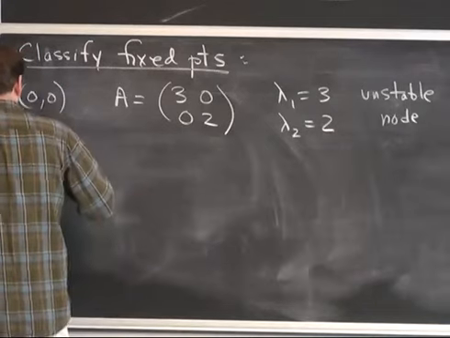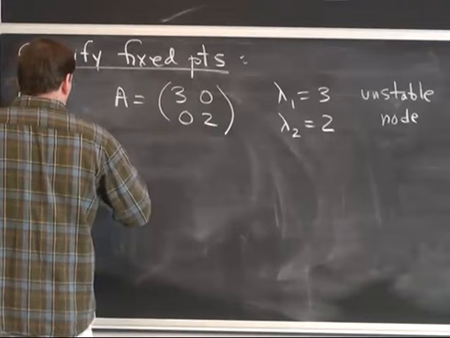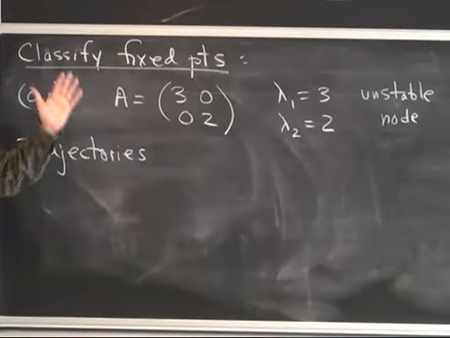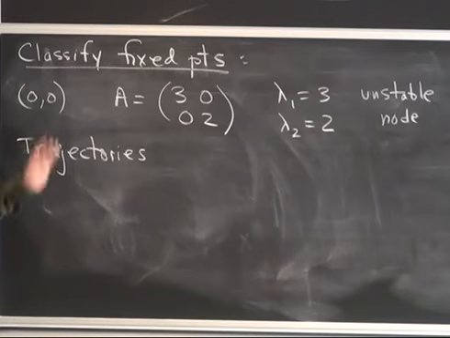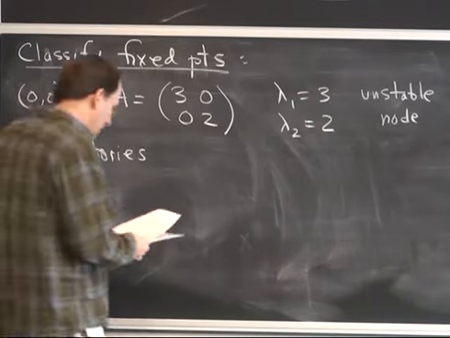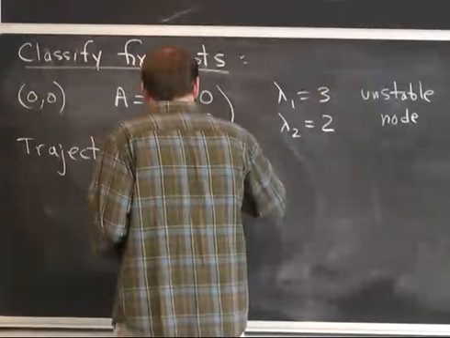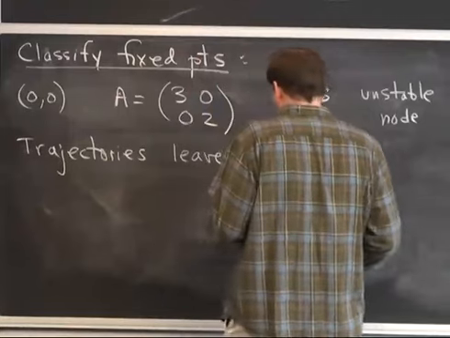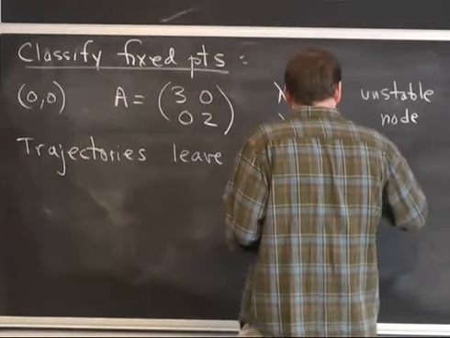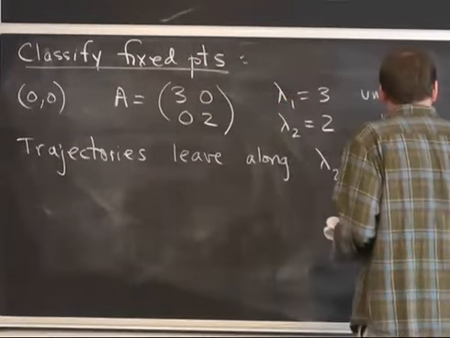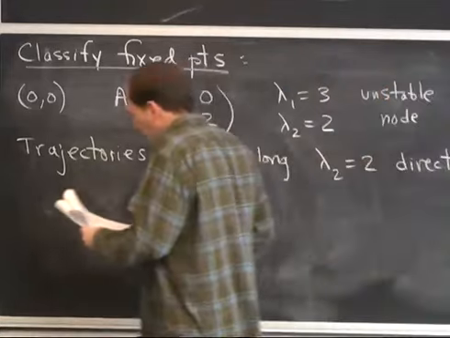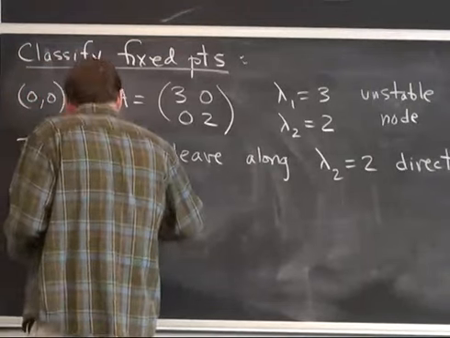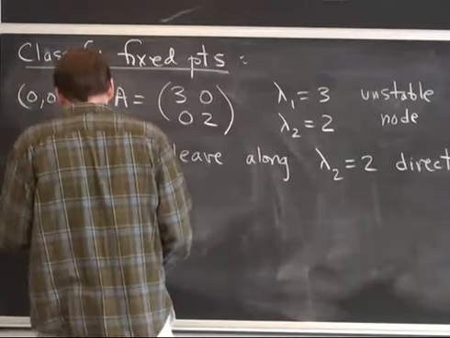We also talked when we were doing linear systems about which way the trajectories leave a node, along the slow direction or the fast direction. And so here, the principle, as before, is that the trajectories leave along, in this case, the lambda 2 equals 2 direction, since they always leave along the direction corresponding to the eigenvalue closest to 0.